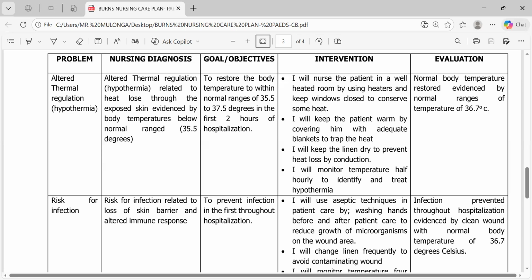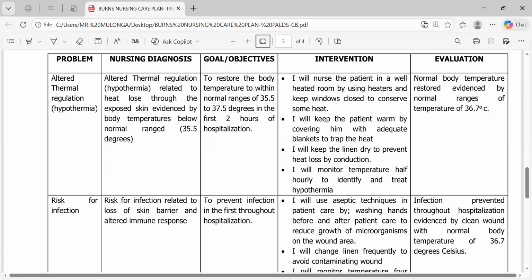Number 1, I'll nurse the patient in a well-heated room by using heaters and keep windows closed to conserve heat or to promote warmth and therefore restore the body temperature.